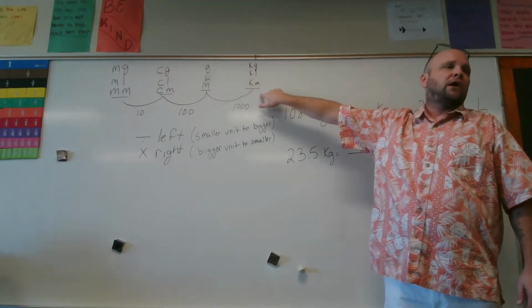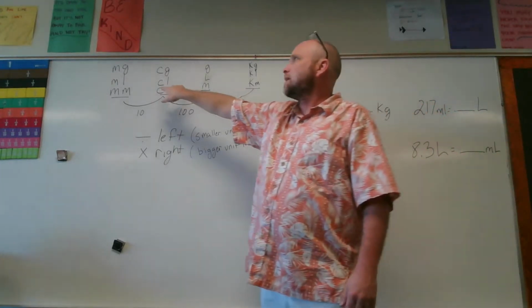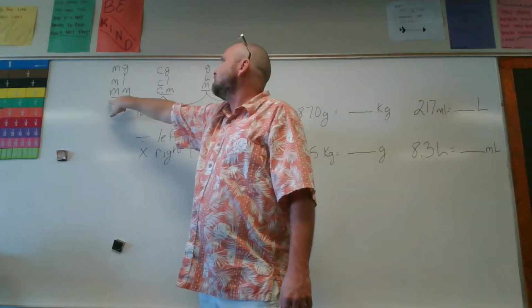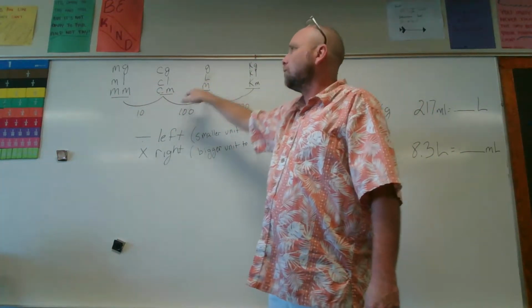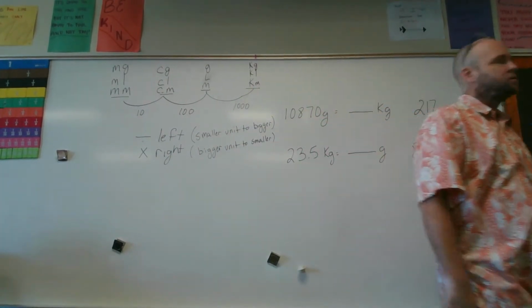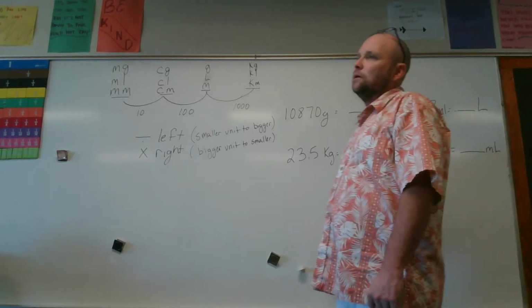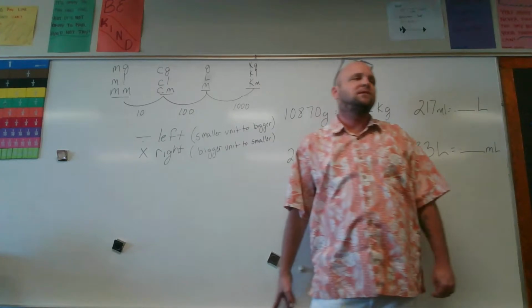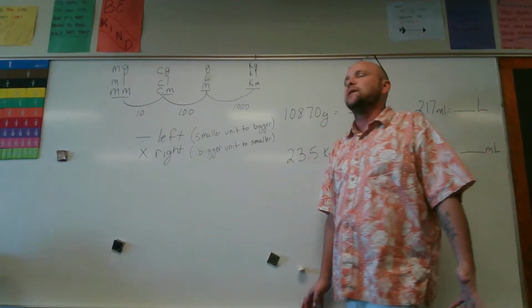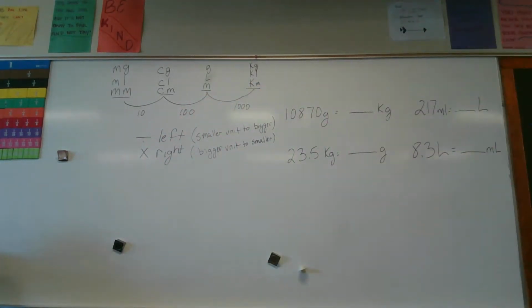Kilograms are 1,000 grams. There are 10 centigrams in a gram. There are 1,000 milligrams in a gram. It is the same pattern. The same with liters. That is why converting in the metric system is so much easier than converting in the customary system. All it requires is the movement of a decimal point.